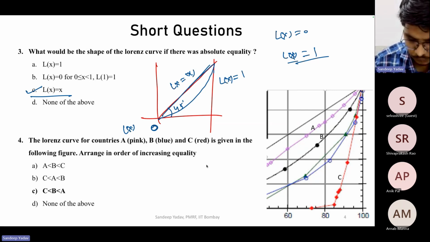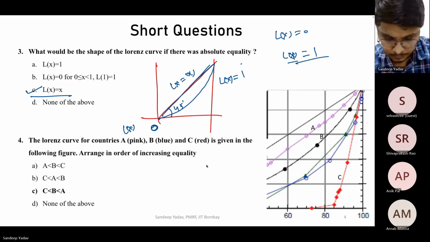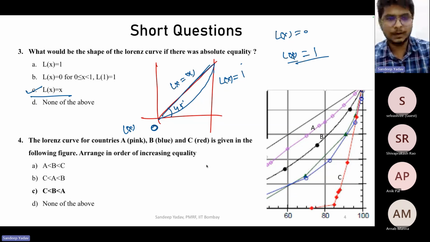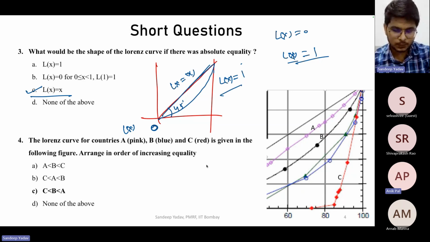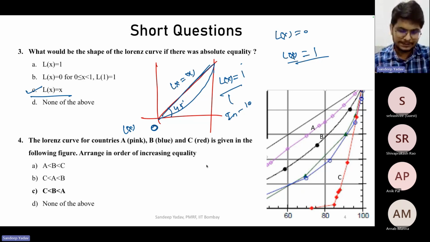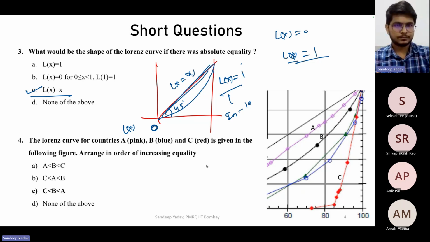This is the condition of Lx equal to 0, this is Lx equal to 1, and this is Lx equal to x, the graph where all the income is distributed equally among all the population. The other case shows income going only to the top, one person having all the income, while zero persons have income. Between them is the graph showing income fairly distributed among all the people of a country, or a city, or whatever size.